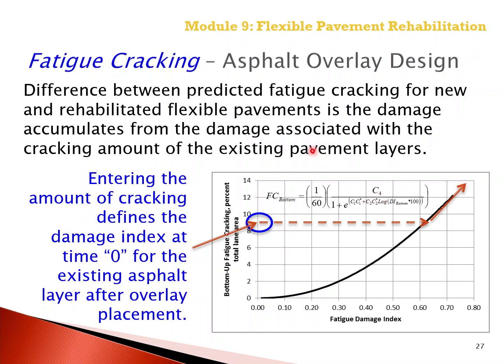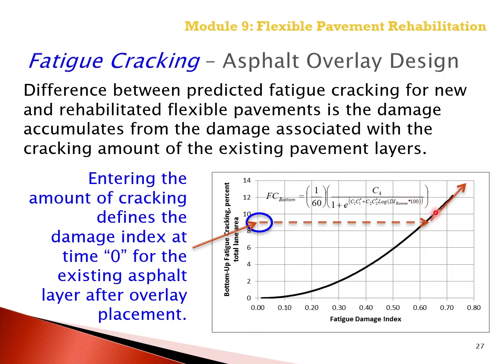So for the new asphalt layer, the damage index is 0, so the starting point is no fatigue damage index, and so no cracking. The amount of cracking observed on the surface defines the fatigue damage index that's used in the transfer function.